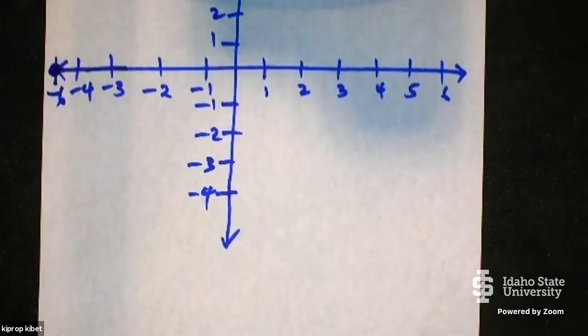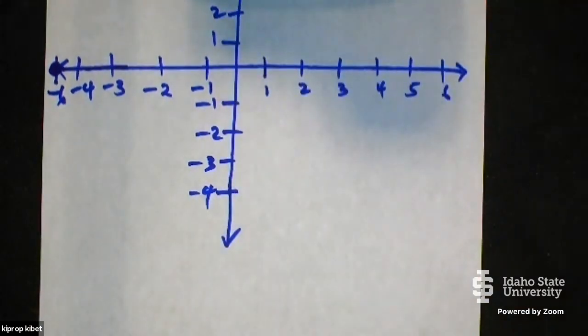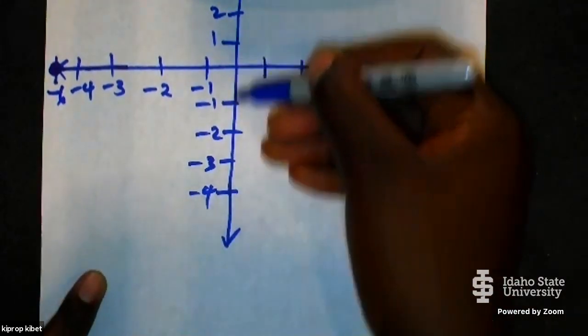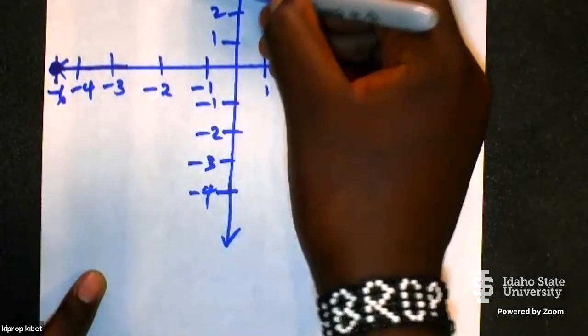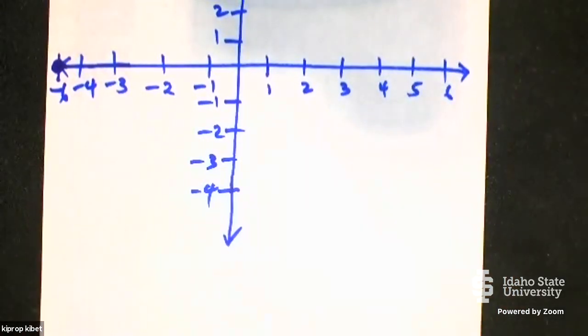So the next point is 0 and 3. So x is 0 and y is what? 3. So x is 0 and y is 3. So it comes there. Oh, you're not seeing that?